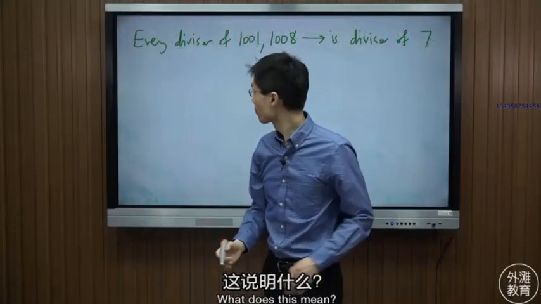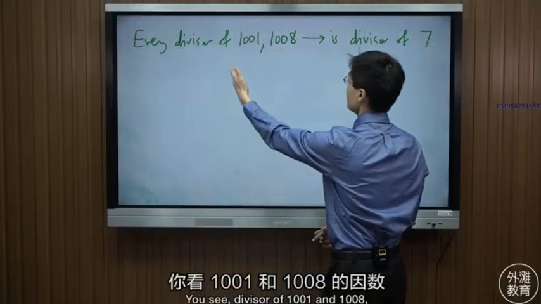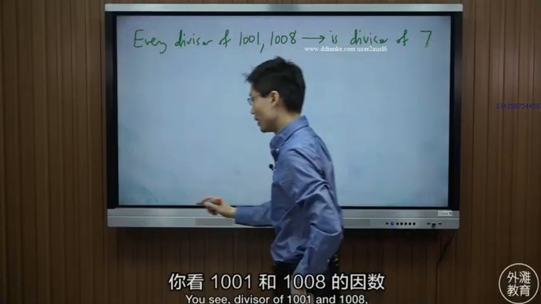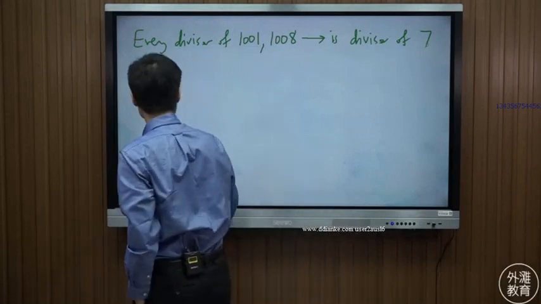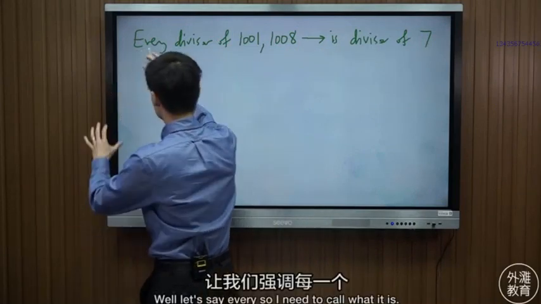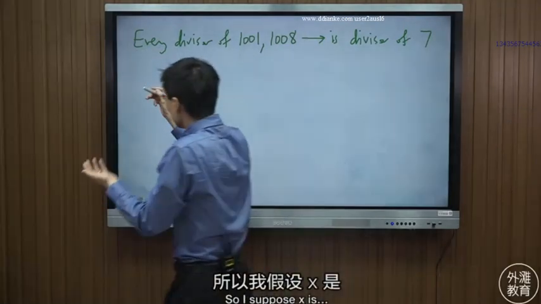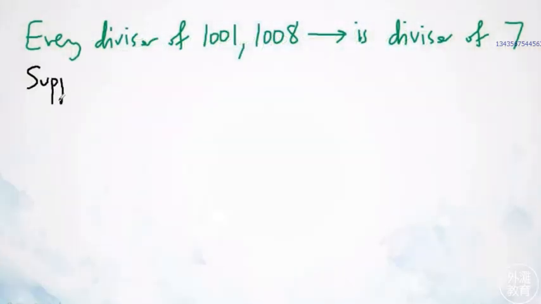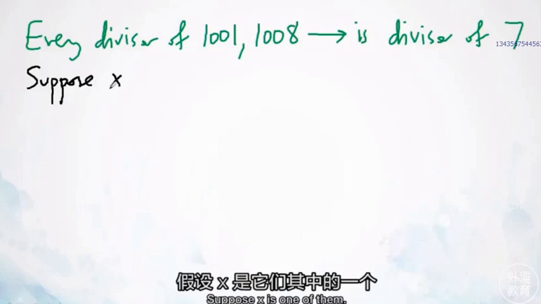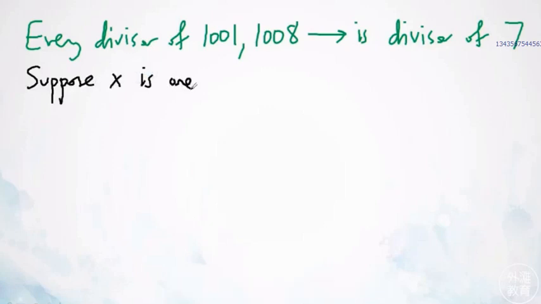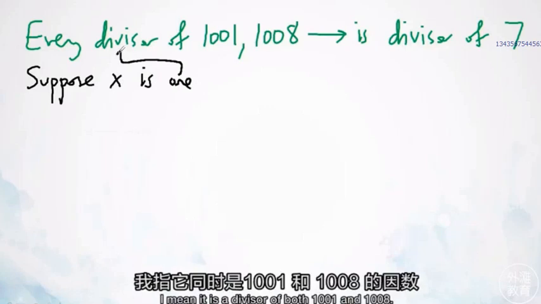What does this mean? You see, divisor of 1001 and 1008 means that, well, let's say every. So I need to call what it is. So I suppose x is one of them. When I say one of them, I mean it's a divisor of both 1001 and 1008.